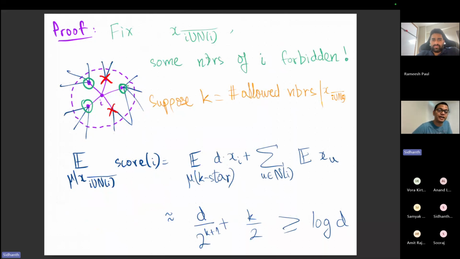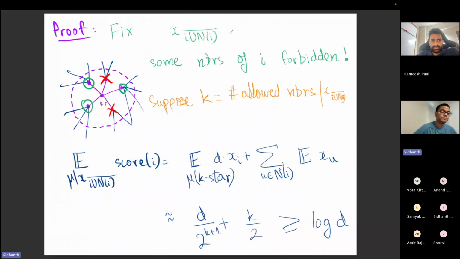So these are forbidden. But then there are some vertices circled in green which are not forbidden, which means they can still possibly occur in the independent set. So let's say k is the number of allowed neighbors after I have fixed x outside of i and its neighborhood.